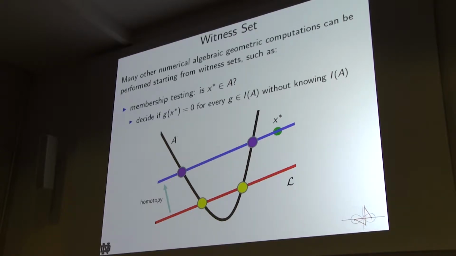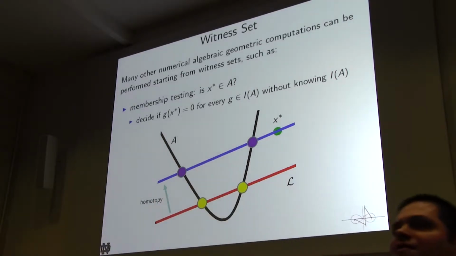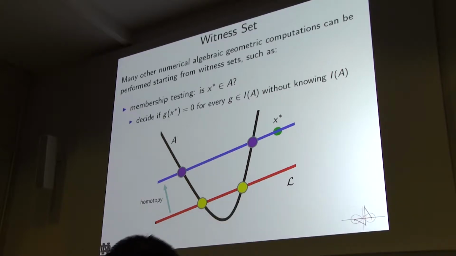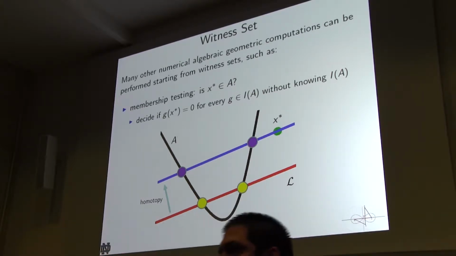X star is in your variety if and only if it's one of those endpoints here. So you have a finite test to be able to determine membership. If X star was this point, then obviously it's there, but since X star in my picture is over here, it's not in there. So this can be performed without knowing any polynomials in your ideal.